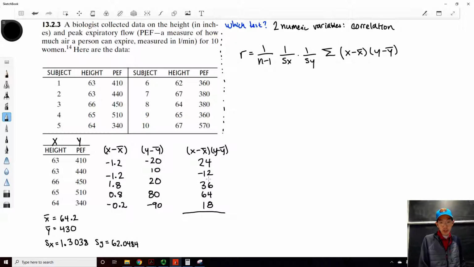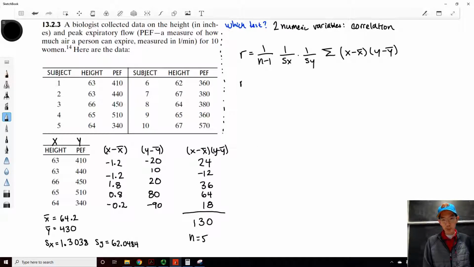Okay, so the sum of all of this, 24 minus 12 is 12. 36 and 64 is 100. 100 plus 12 plus 18 is 130. Okay, and we have n equal to 5.